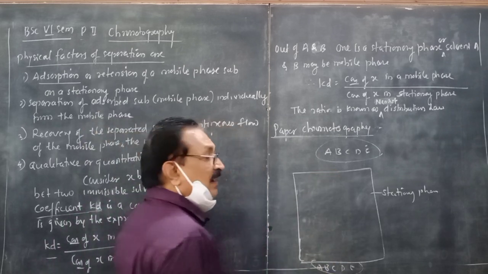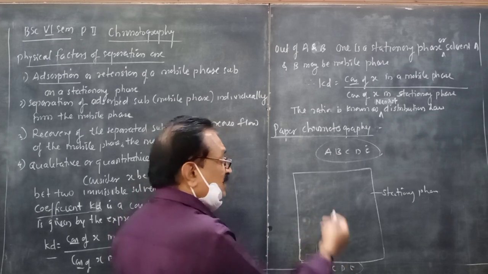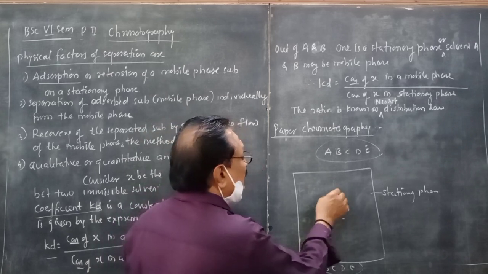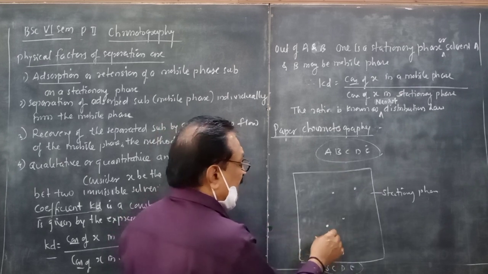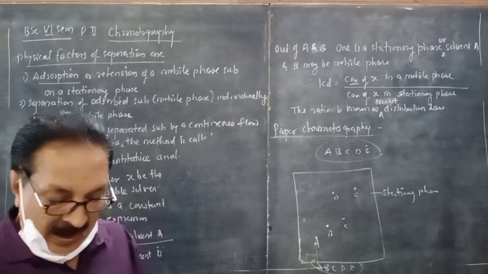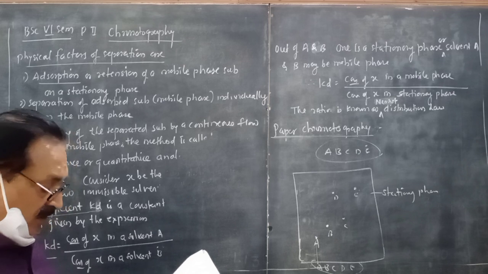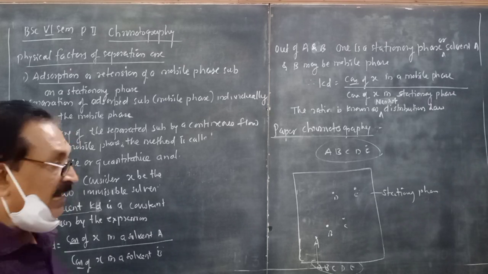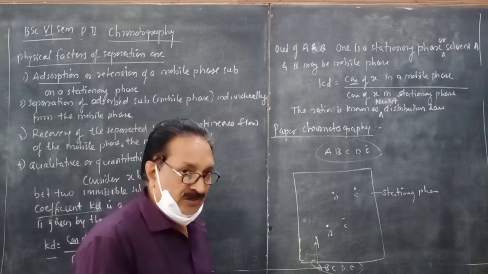Depending upon the rates of flow, all of these enter the stationary phase and form different spots on it, like A, B, C, D, E. They appear as spots at different points on the filter paper, and this type of separation is achieved by differential migration of the components.